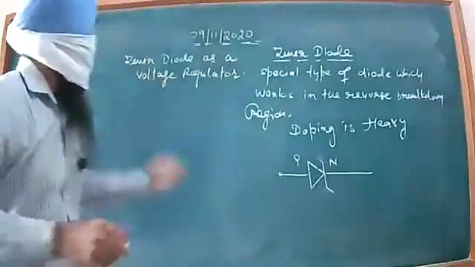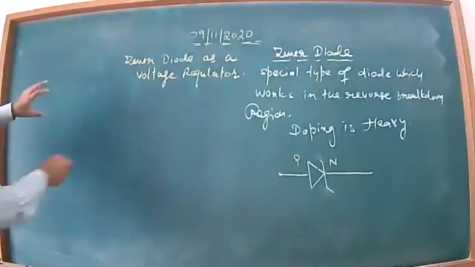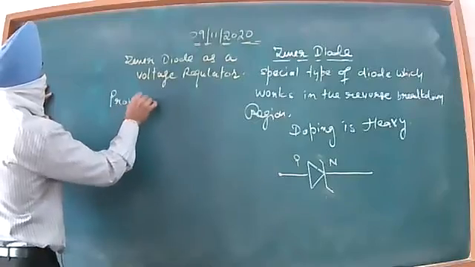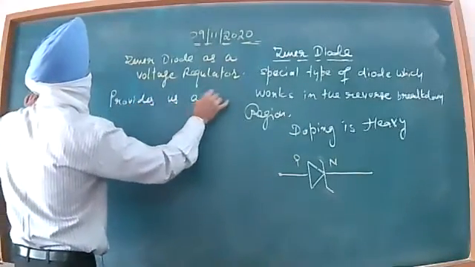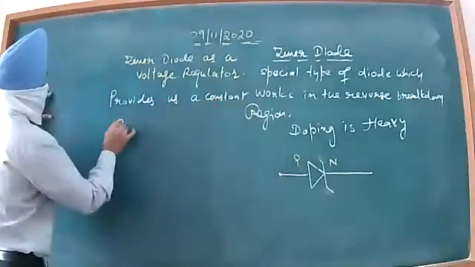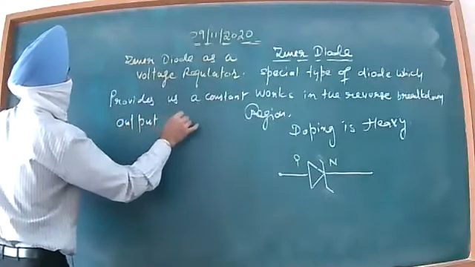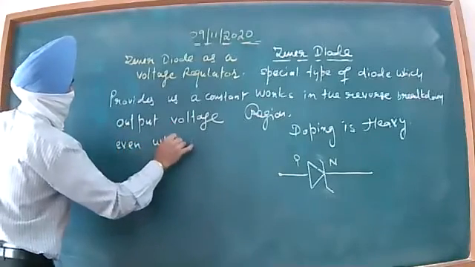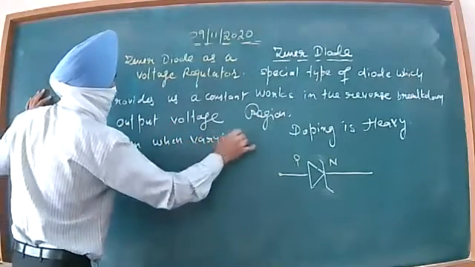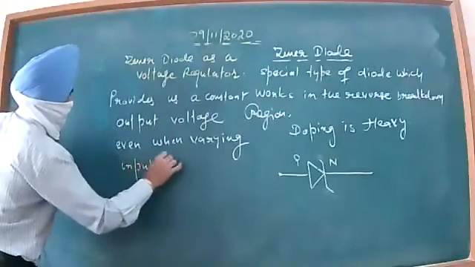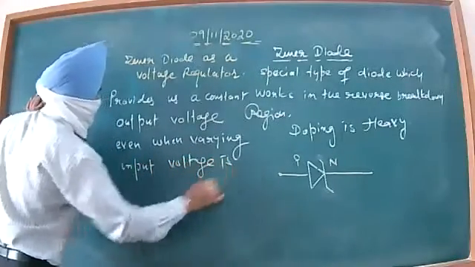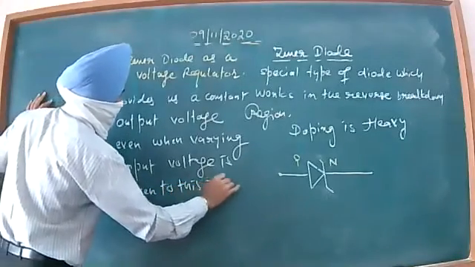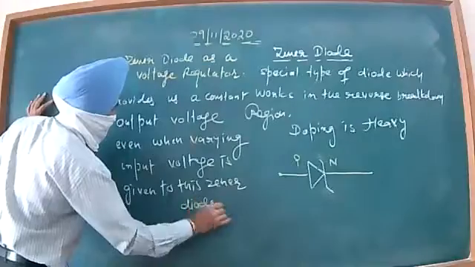So beta, Zener diode as a voltage regulator provides us a constant output voltage even when varying input voltage is given to this Zener diode.